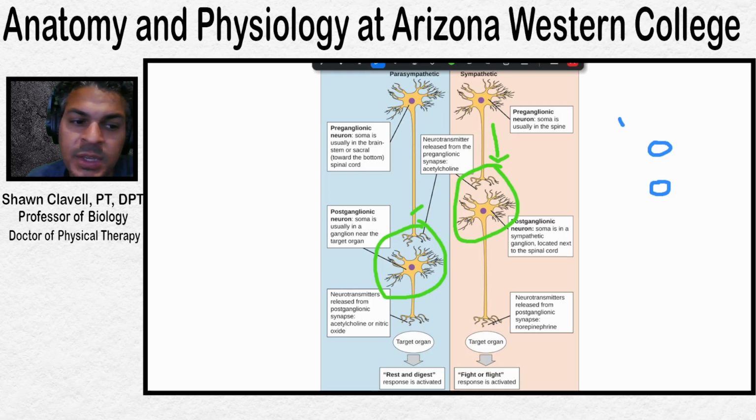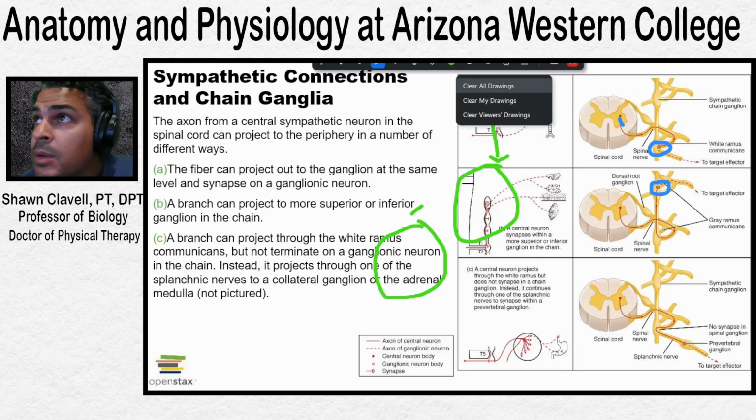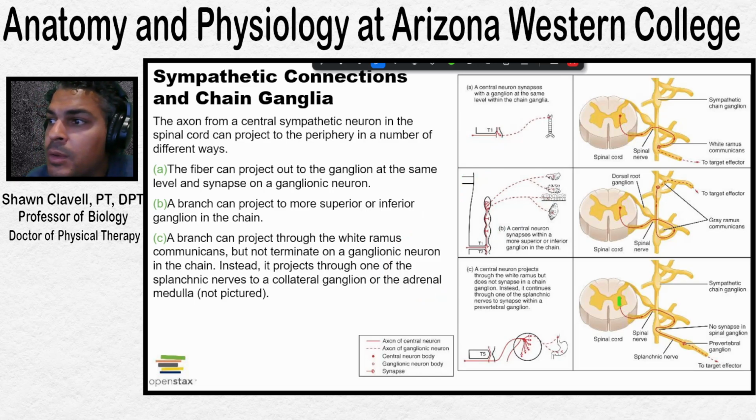So what you'll see is that the neuron will go all the way to a preganglionic neuron and then maybe then to its target organ.